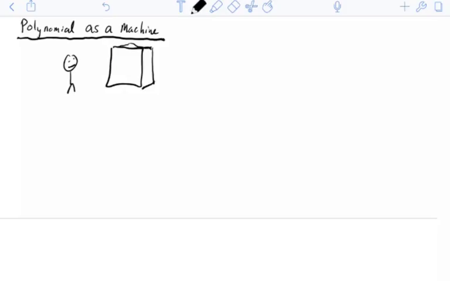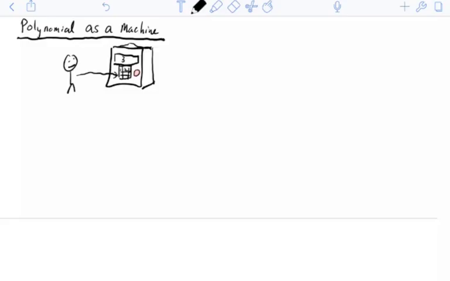On the box there's a number pad, 1, 2, 3, etc., and a great big screen. You type in a couple of numbers and press the big red button, and some other number shows up on the screen. That's all I mean by machine.